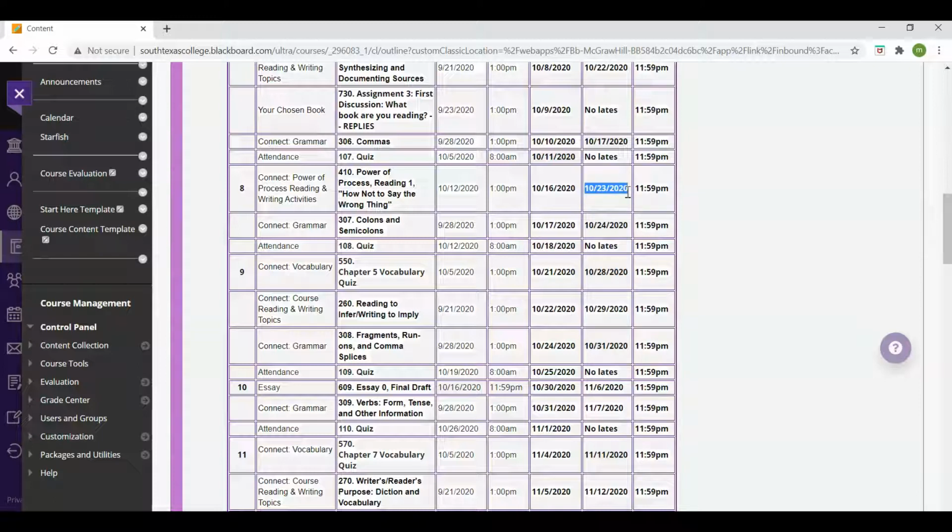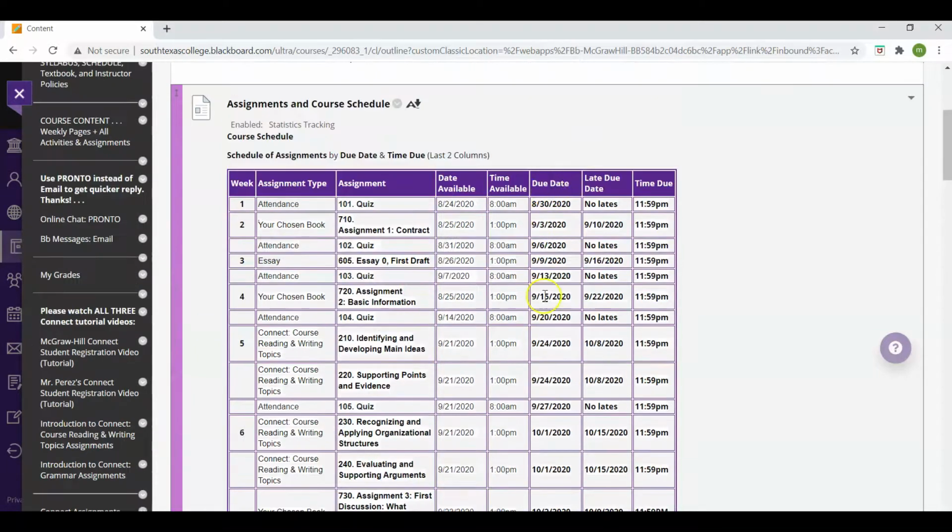And actually, this is the only date that Connect knows. The way Connect is set up, it will take your submission, your work, all the way until 11:59 p.m. on October 23rd. Connect doesn't know that I have an on-time deadline.